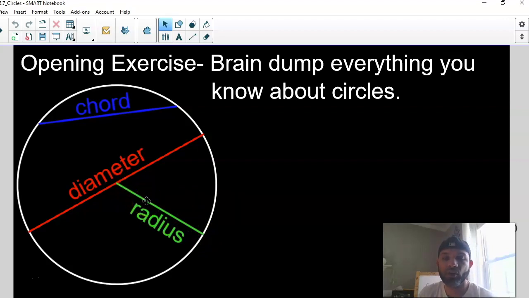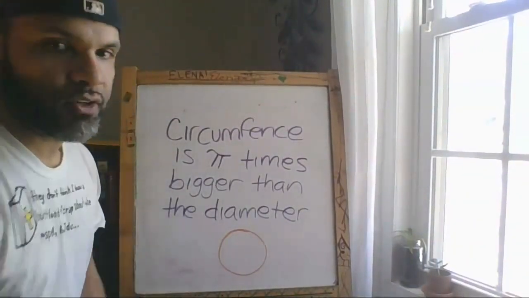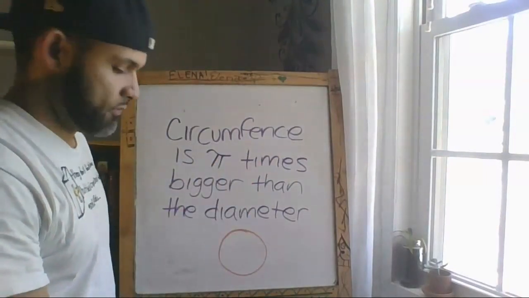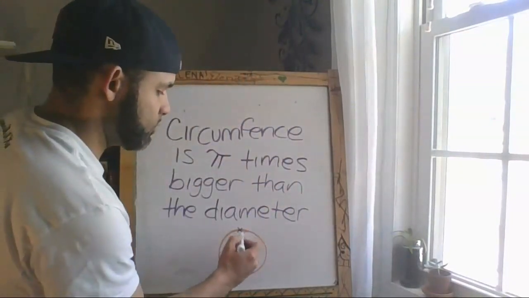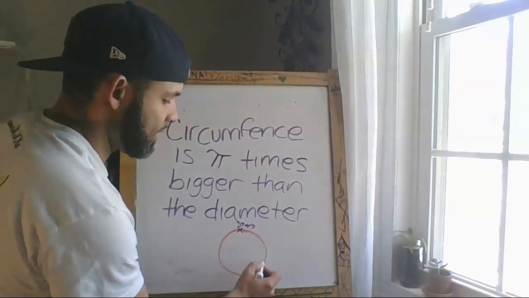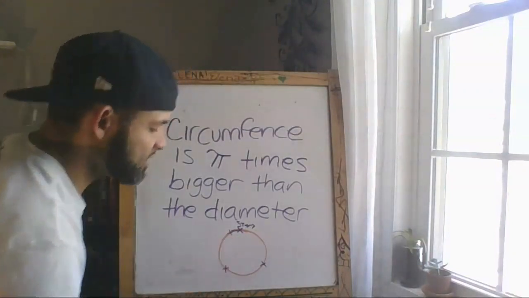We also talked yesterday about how, in our experiment, we derived pi. And what was pi? Well, if you look here, we did it by experimentation, and we learned that the circumference is pi times bigger than the diameter. If you remember, we took our string and started at one place, and it went around not once, not twice, but 3 times, and then we had that little piece left over.